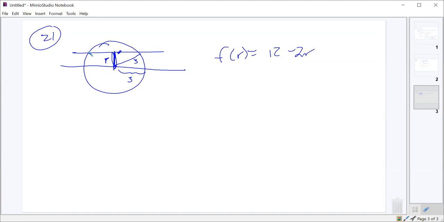Yeah, so let's say at this distance, we should be able to figure out its length. So this length here should be, let's see, this will be the square root of 9 minus r squared.